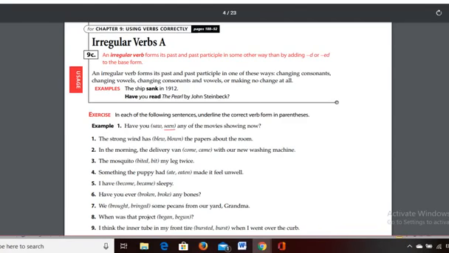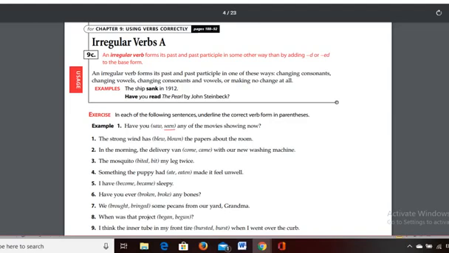For example, the ship sank in 1912. So the base form is sink, with an I, and then in the past it became sank with an A, right? So that's one irregular verb.